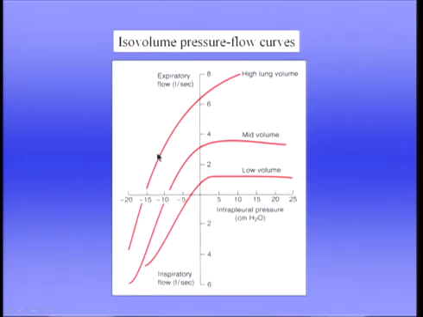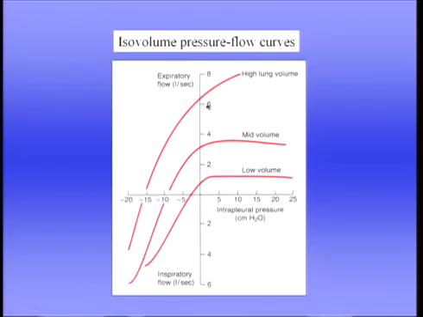Now the reasons for this can be clarified on the next image, and this is a little bit complicated initially. The important thing to realize about this image is that these curves are not obtained from single expirations. The way these are obtained is that you have a patient go through a series of expirations and inspirations, and you measure the flow rate and the intrapleural pressure at different stages, and that's how you generate these curves.